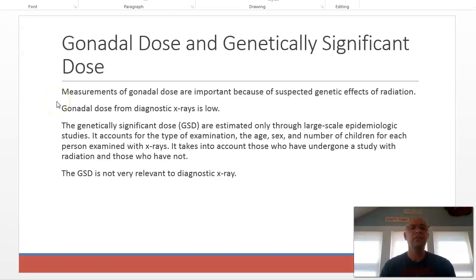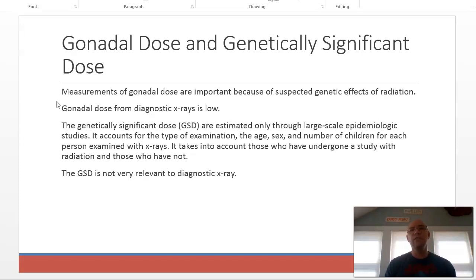All right, the other two types of dose that I want you to be aware of, one is called gonadal dose, and sometimes it's called genetically significant dose. The reason why this is important is if you think back on what we're nervous about with radiation in human beings. One is, are we going to have a stochastic result as far as an increased rate in cancer levels?